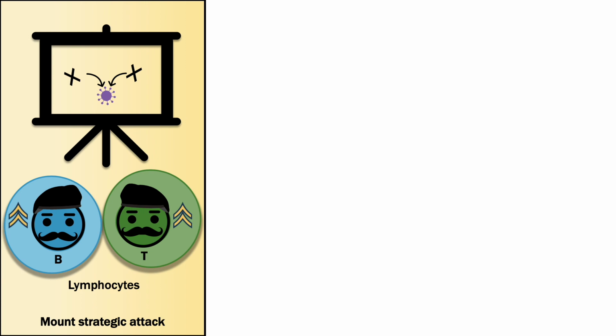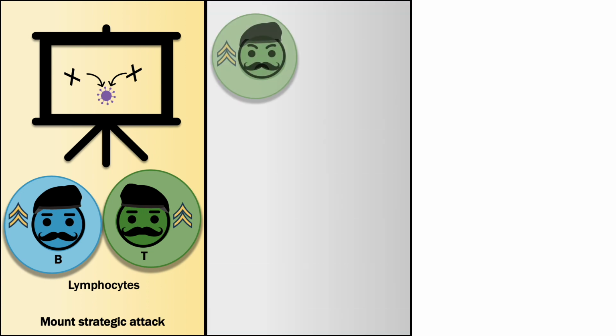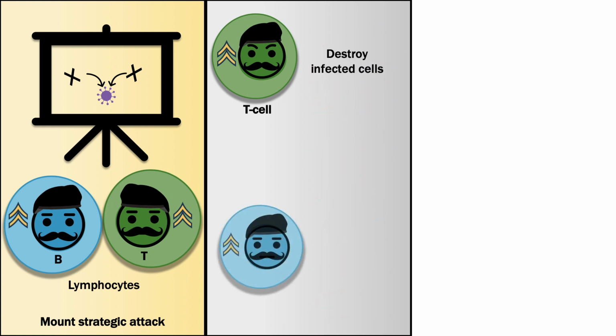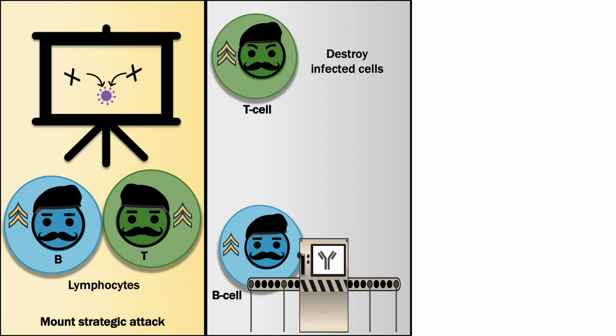A group of lymphocytes called T cells search for cells infected by a pathogen and kill them off. Another type of lymphocyte called B cells uses information from antigens to create weapons called antibodies. If you remember, last episode we asked what an antibody is. Antibodies are special proteins that are released in the millions to allow for these intruders to be destroyed.